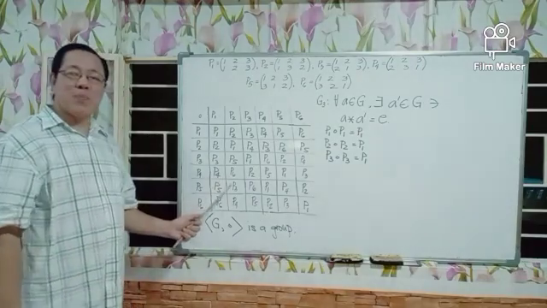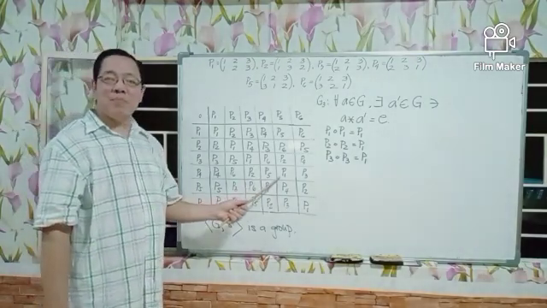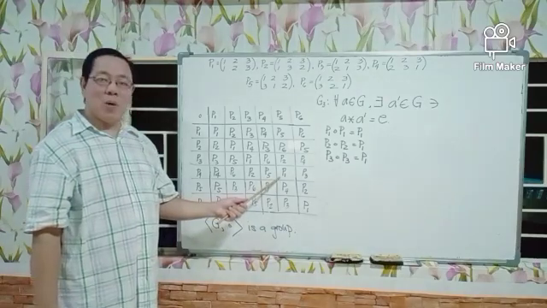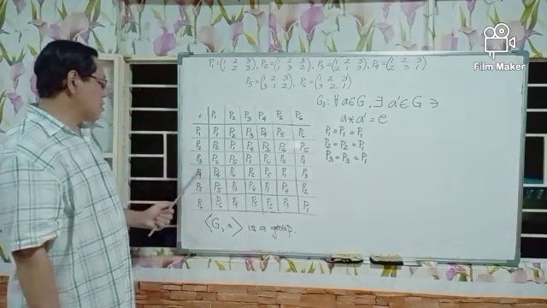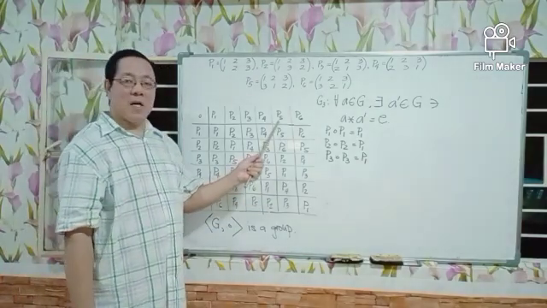In the fourth row, we have the identity element P1 in this cell, and P1 is equal to the composition of P4 and P5.